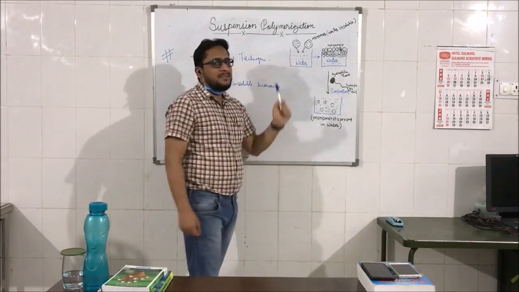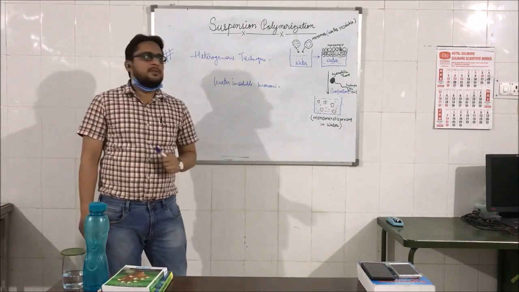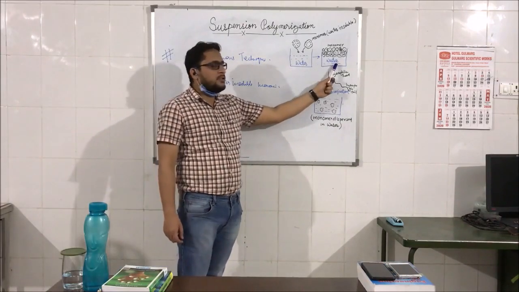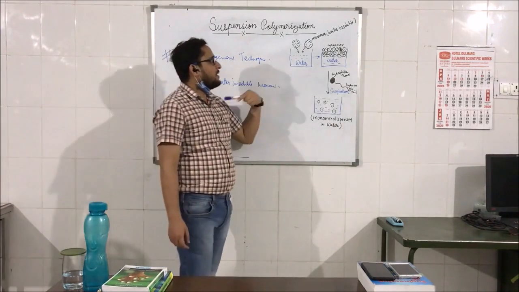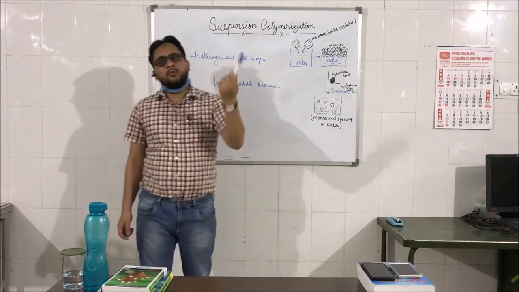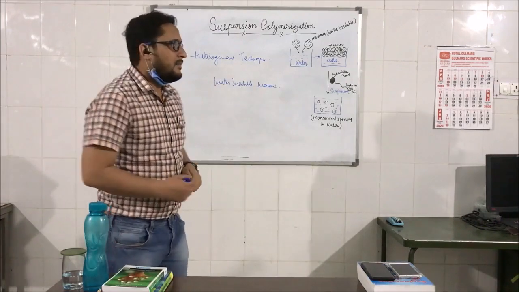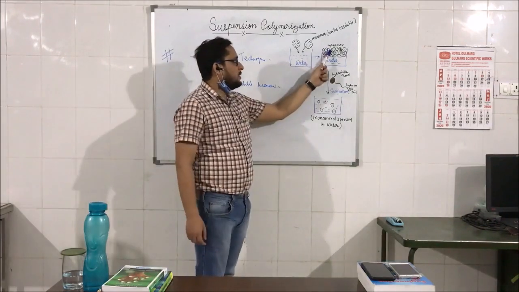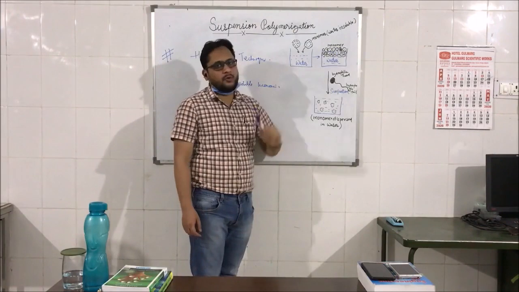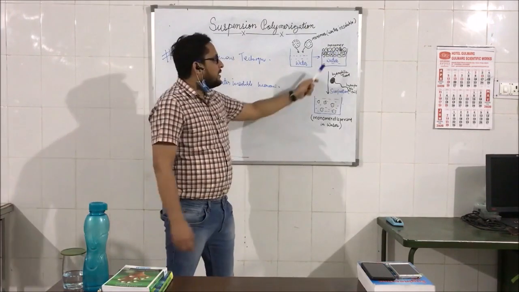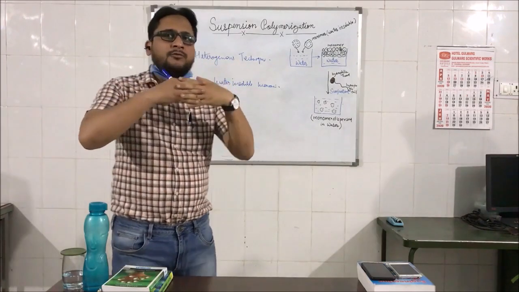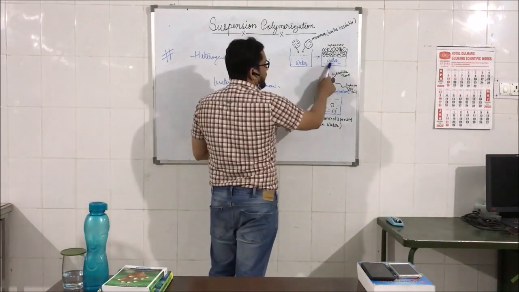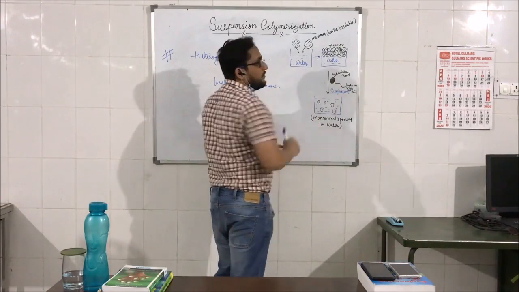As soon as the monomer is added, the cohesive forces between the molecules of monomer are greater than the adhesive forces between the molecules of monomer and water. Because of that, the monomer droplets agglomerate to form a layer, so there will be a layer separation.